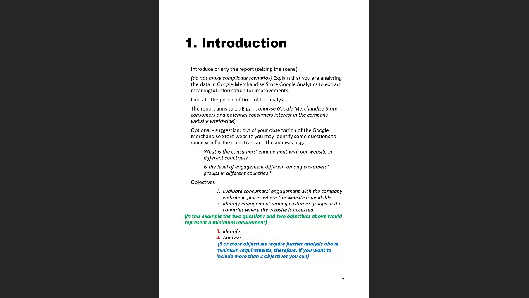Obviously, 3 or more objectives require further analysis above the minimum requirement, okay? Because if you have 4 objectives and you do exactly the same type of analysis, well, there is not much difference between 2 objectives and 4 objectives, because the type of analysis that you have done has made little difference.